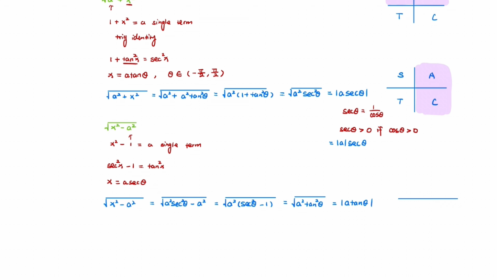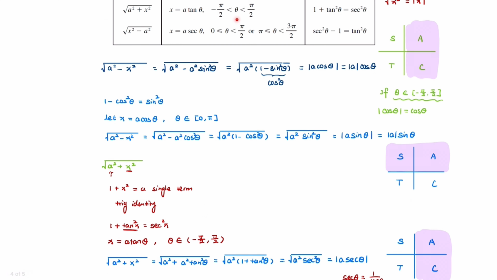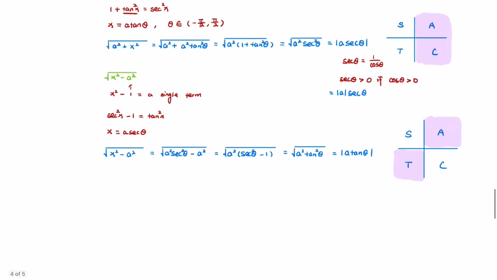Now, using the CAST rule again, we need to figure out where my tangent is positive. All students take calculus. You see that my tangent is positive in all and t, right? So it means either here or here would work. You can pick any one of them. That's exactly what's written here. Just remember that you need to remove the equal sign, because tangent is undefined there.